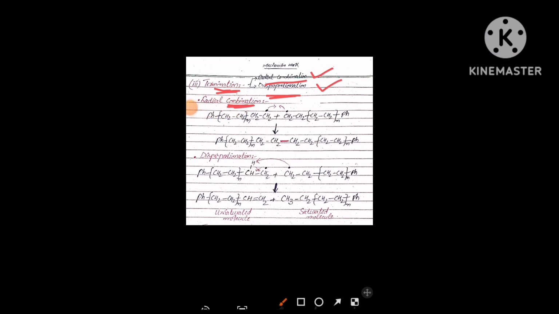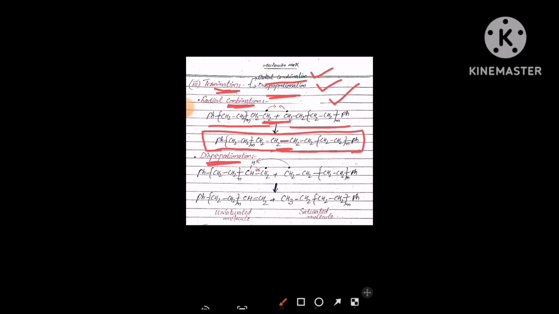In radical combination, this free radical and this free radical combine with each other and make a bond. A whole high molecular weight polymer is formed and the chain is terminated. In this chain, no free radical is present to activate, extend, or attack a new monomer. So this is the process of radical combination.